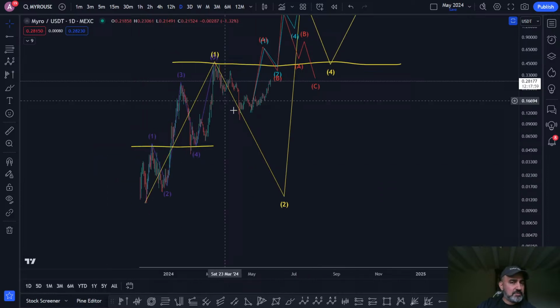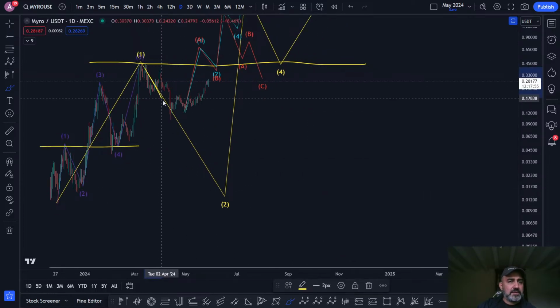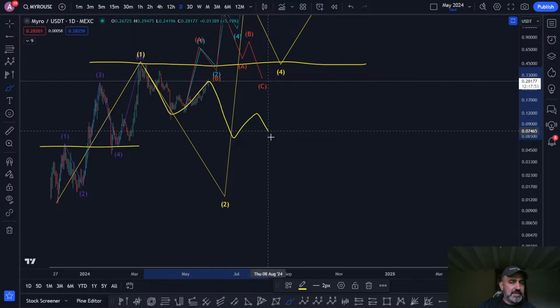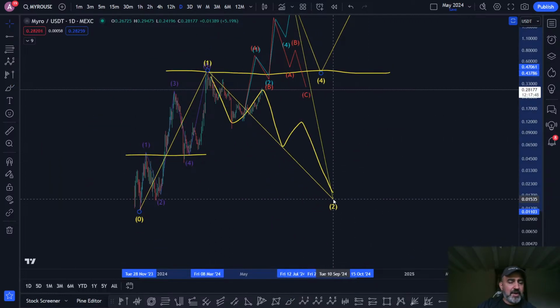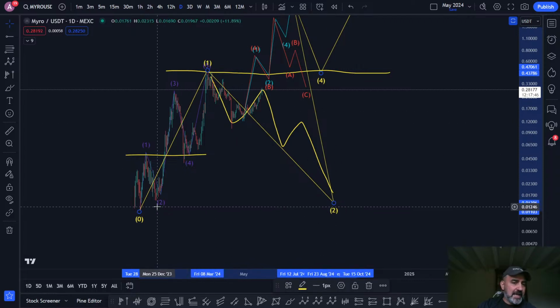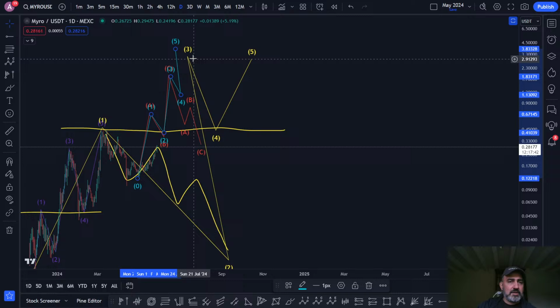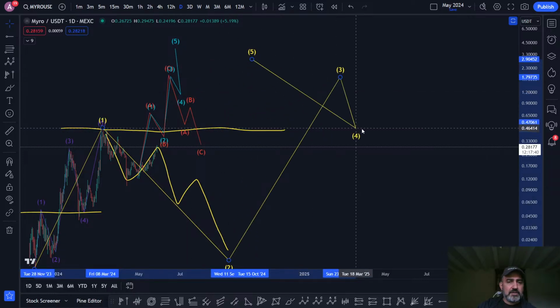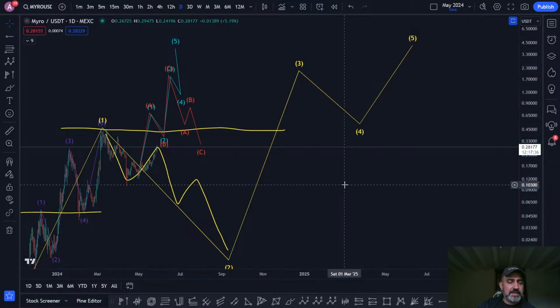Technically, this would not be incorrect. You could form some kind of higher time frame correction here, lots of ABCs, and this would still be correct, because then the next wave would be your wave 3 and 4 and then 5. Technically, that could still be very correct.